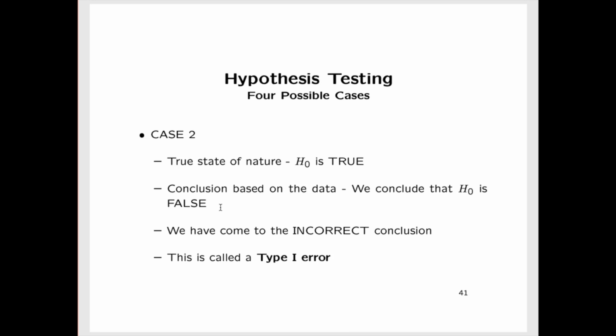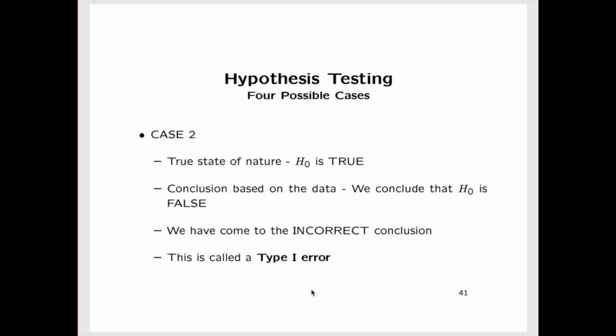Rejecting a true null hypothesis, concluding that the null hypothesis is false when in fact it's true, is called a type 1 error. So this is obviously something that we would not want to have happen.